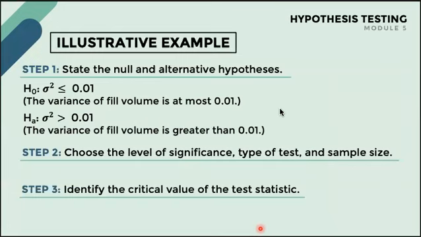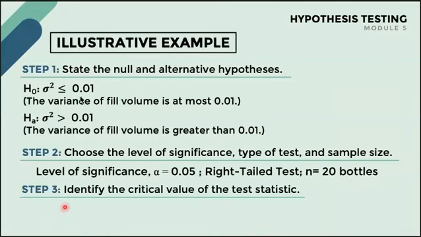So our step two is to choose our level of significance, the type of test, and the sample size. Our level of significance is 0.05. Our alternative hypothesis is basically greater than, so our type of test is a right-tailed test, and then our sample size is 20.